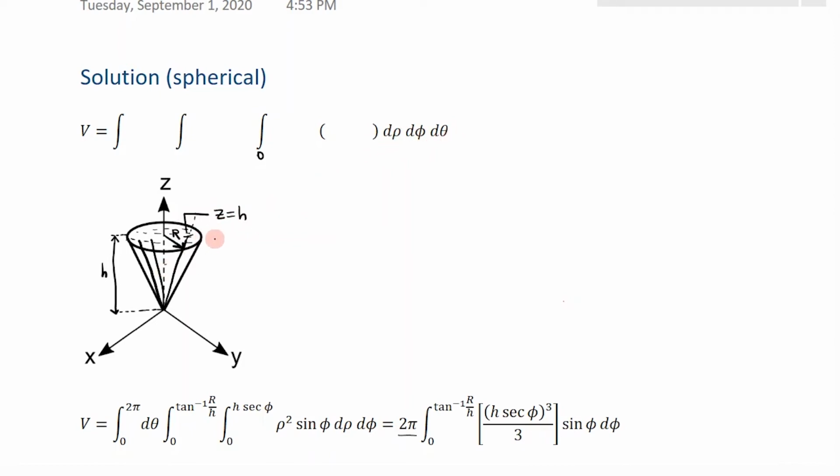If we write it in terms of spherical coordinate variables, we'll get rho cosine phi equals h. Since we need the bound on rho, we would write it as rho equals h secant phi. So I divided by cosine phi. So this would be h secant phi.